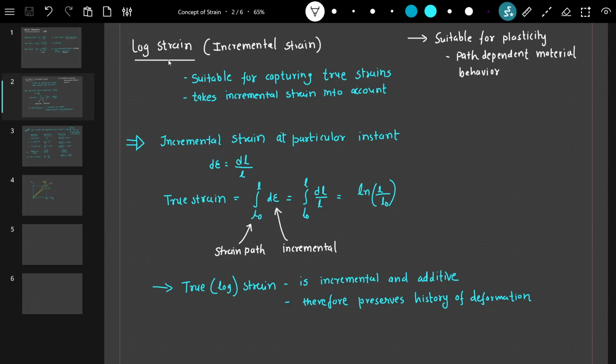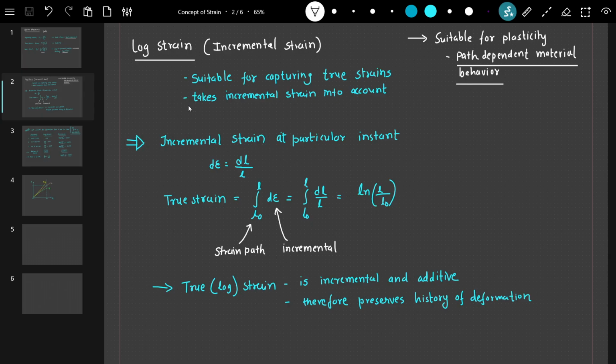Logarithmic strain, as we said, is suitable for plasticity because plastic materials show path dependent behavior. Log strain is suitable for capturing true strains. True strain means it captures the current length, the current deformation status, while capturing the strains.